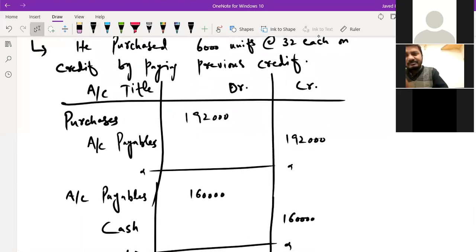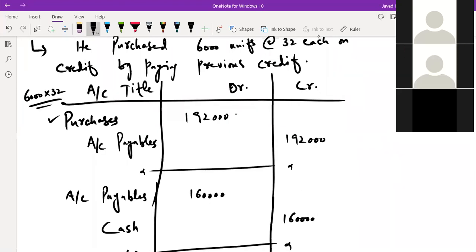So we'll discuss it again. He purchased 6,000 units at 32 each, so purchases are 6,000 multiplied by 32, which makes 192,000. It will generate accounts payable since they are on credit.